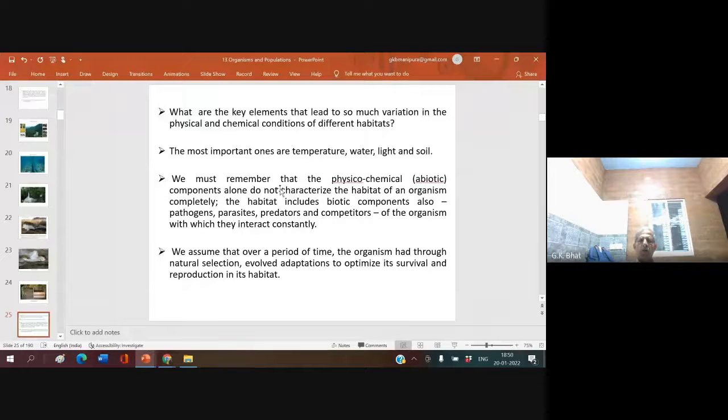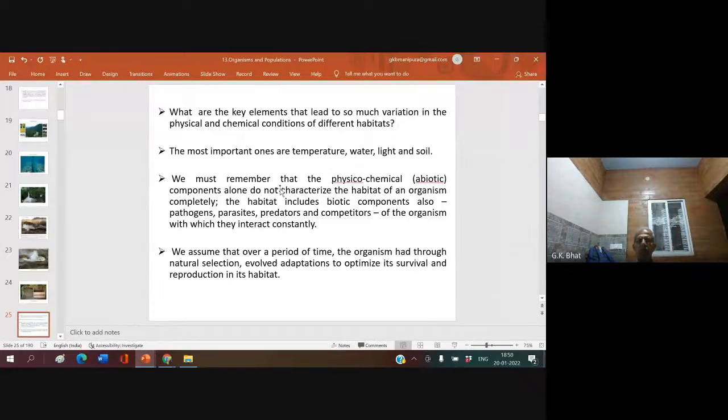Of course, whenever you come across pathogens, parasites, predators, competitors, there will be some sort of interaction among the organisms. If I say predator, it is some sort of interaction between the prey and the predator. Tiger and the deer, a bird and fish.